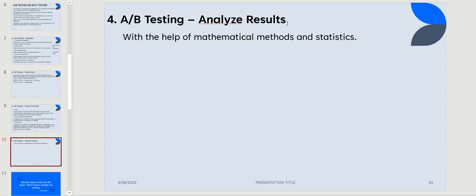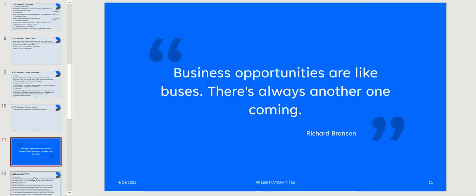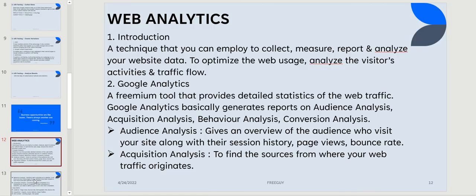The next one is to analyze the results with the help of mathematical methods and statistics. The result can be analyzed easily. Web analytics is a technique that you can employ to collect, measure, report, and analyze your website data, to optimize the web page and analyze the visitors' activities and traffic flow.